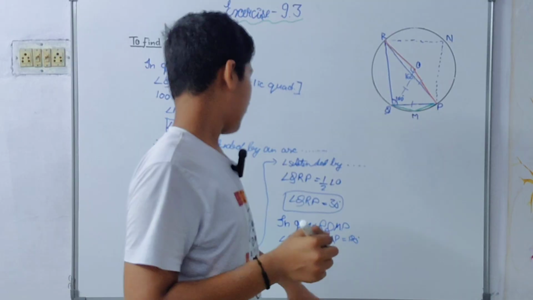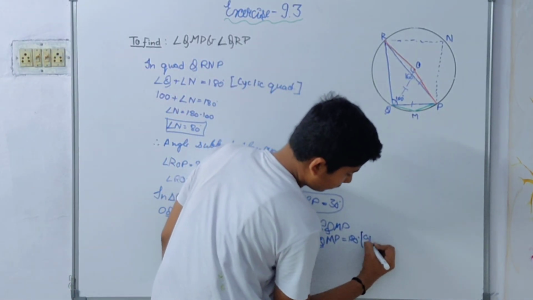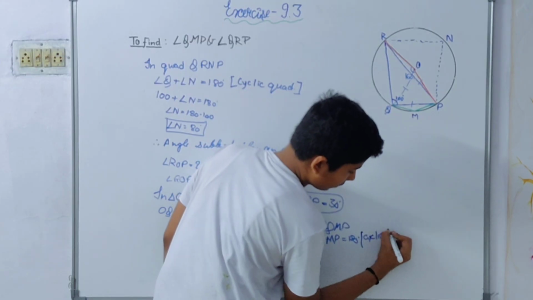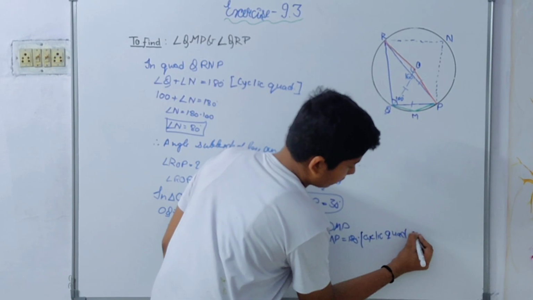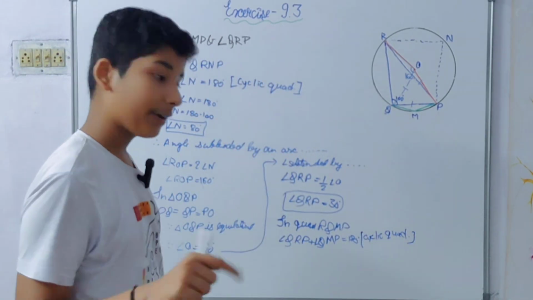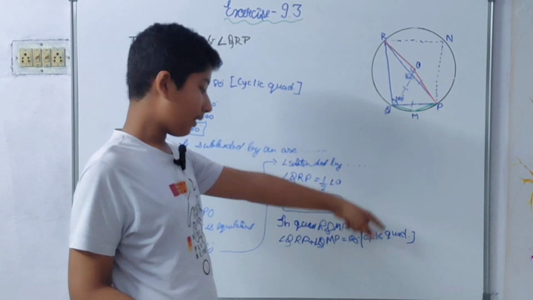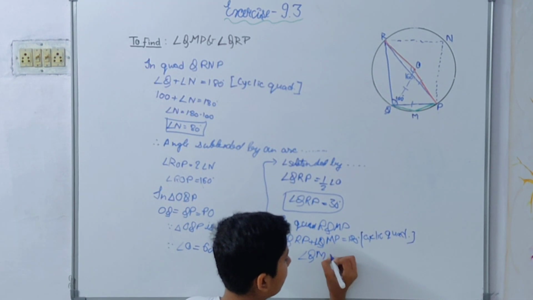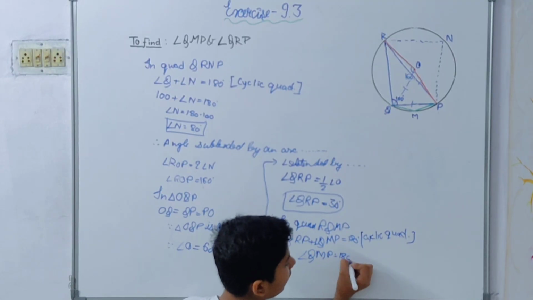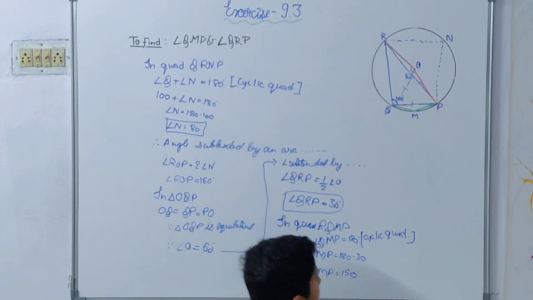These both sum is equal to 180 degree, and again in brackets, cyclic quadrilateral. Now since QRP is 30 degree, QMP equal to 180 minus 30. Angle QMP equal to 150 degree.